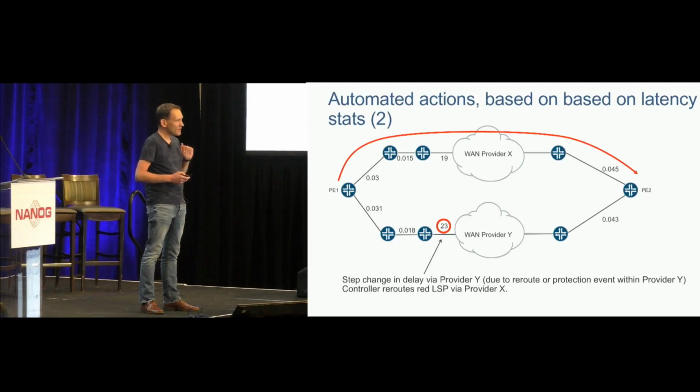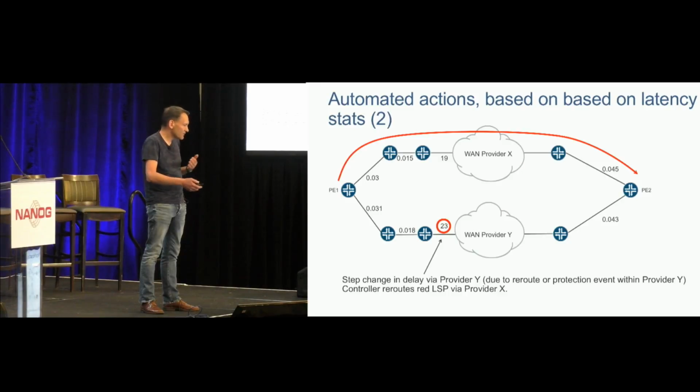It redoes the path computation, and now the best path for this red LSP is along the north side of the network through WAN provider X. And so the controller sends a PCEP message to the ingress router saying this is the new path for this LSP, and PE1 being the ingress router changes the path in a make-before-break manner, so you're not affecting any of the traffic.